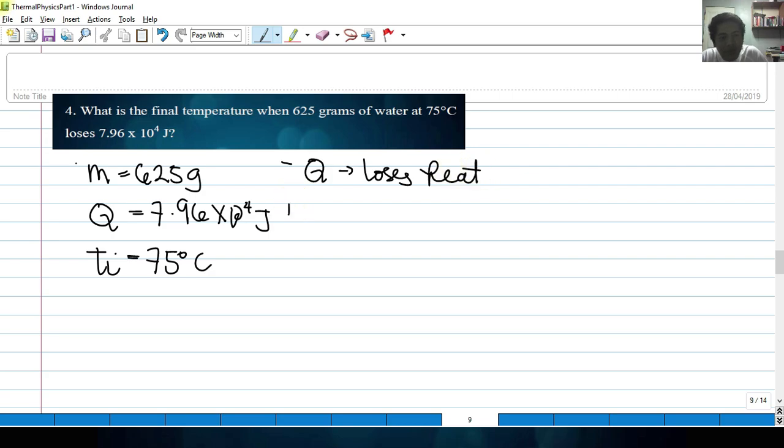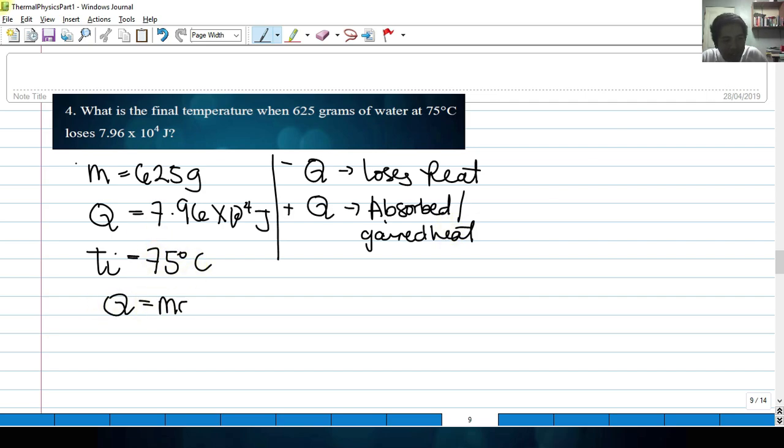And if it absorbs heat, in other words, then that should be a positive Q. Absorbed or gained heat should be positive. In this case, we have the formula Q is equal to, again, mc delta T. But since our problem says it loses, it implies that our Q should be negative.